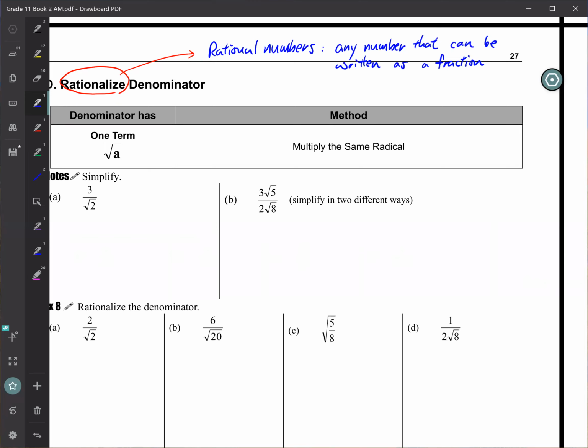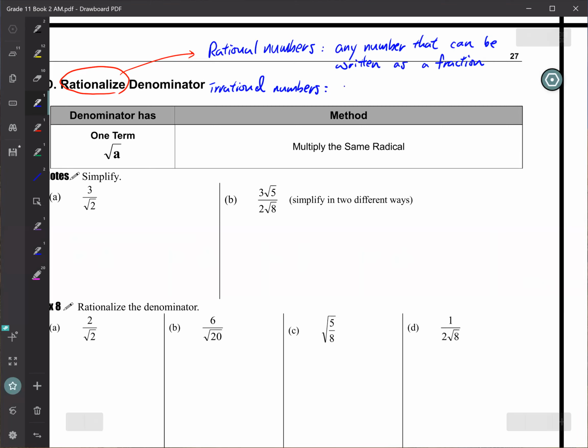So what's another irrational number you can think of? Aaron, what's another irrational other than pi? It's like a root number that isn't a perfect square. Yeah, very good. So irrational numbers will be any number that cannot become a fraction.